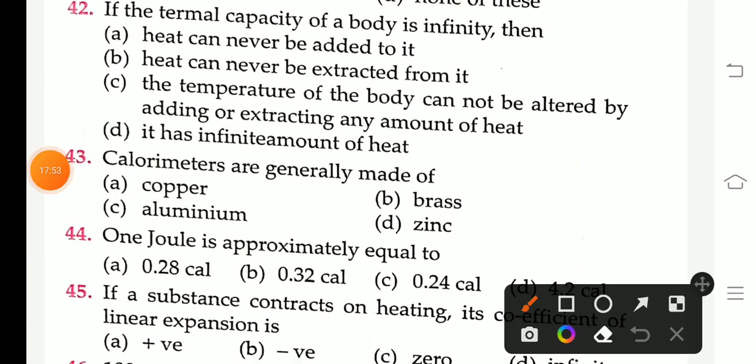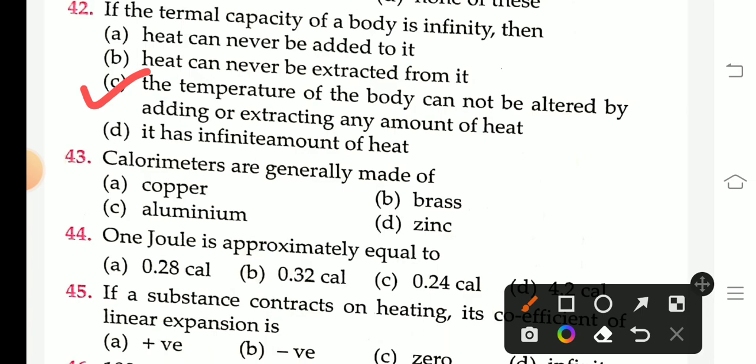Next, if the thermal capacity of a body is infinity, then right answer will be option C. The temperature of the body cannot be altered by adding or extracting any amount of heat.